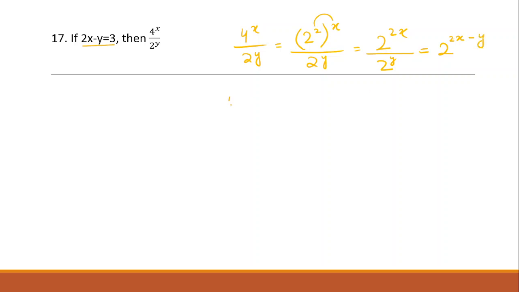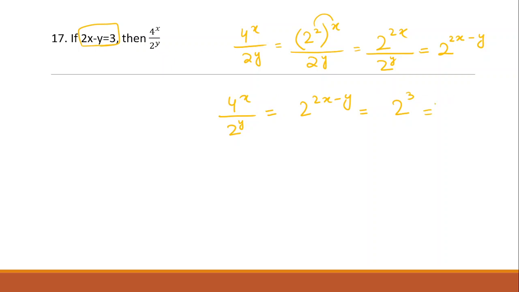So 4 to the power x divided by 2 to the power y is basically equal to 2 to the power 2x minus y. 2x minus y is given here as 3, so we can write 3 here, 2 to the power 3. So the answer is 2 to the power 3.